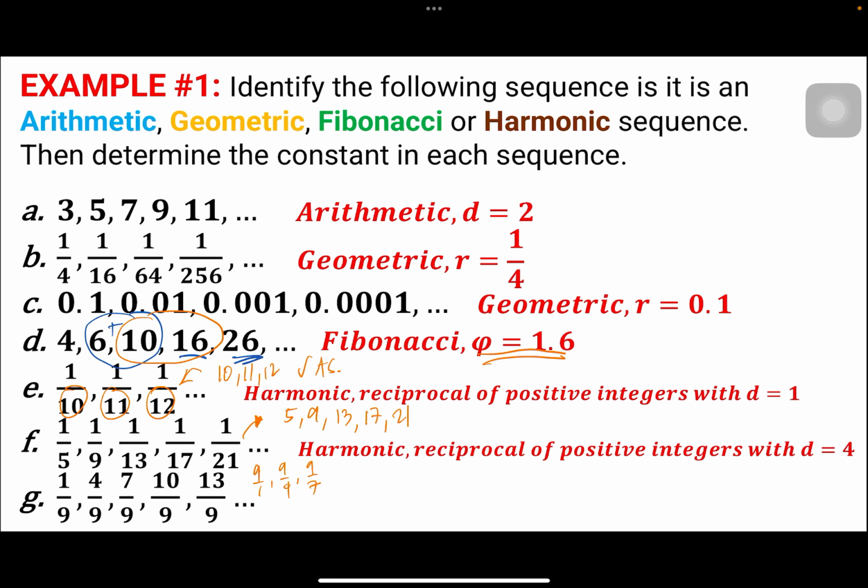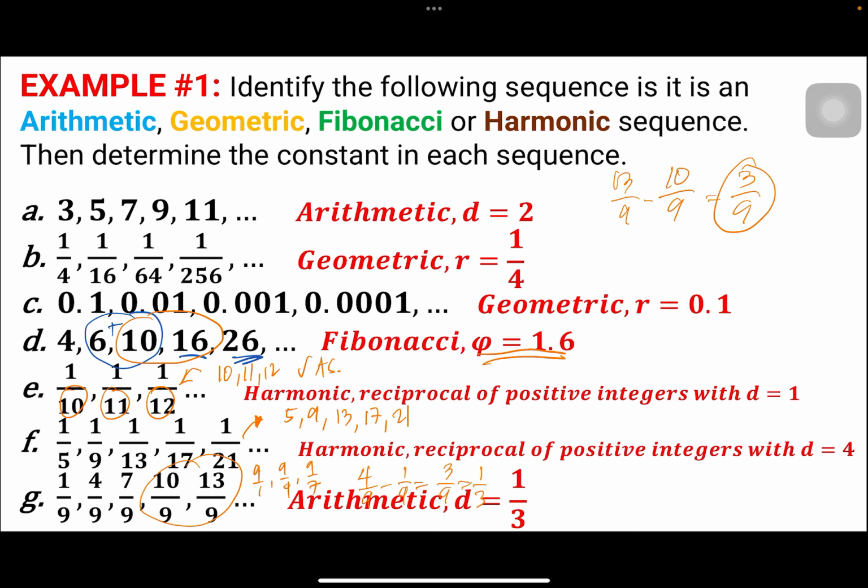Pero, if we now have 4 over 9 minus 1 over 9, we have 3 over 9 or equal kay 1/3. At ganun din yung nangyayari, nagkakaroon ng 3 over 9 na difference dito. Kasi 10 over 9 minus 7 over 9 is 3 over 9. Still 1/3 pa rin yan. So we can conclude it is an arithmetic sequence with d equal to 1/3.